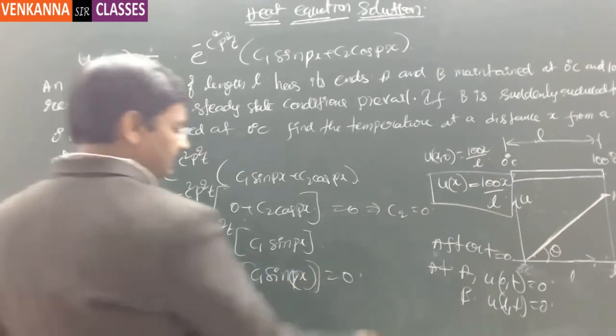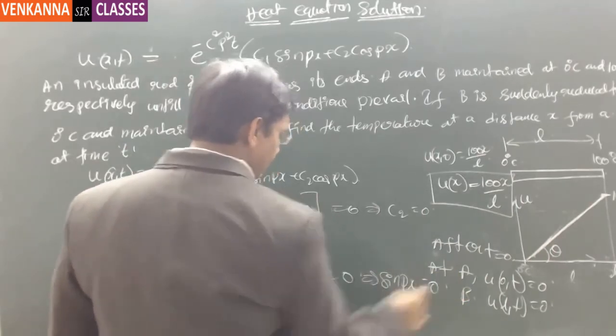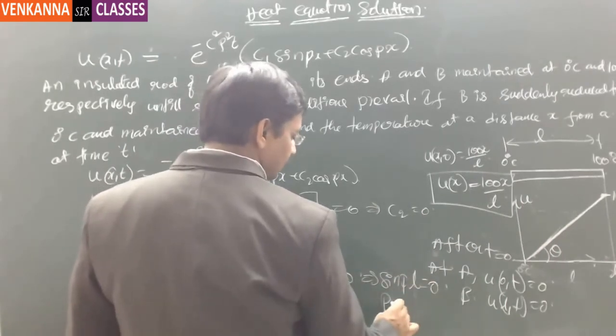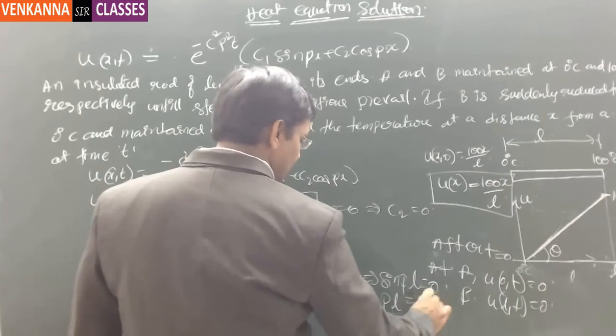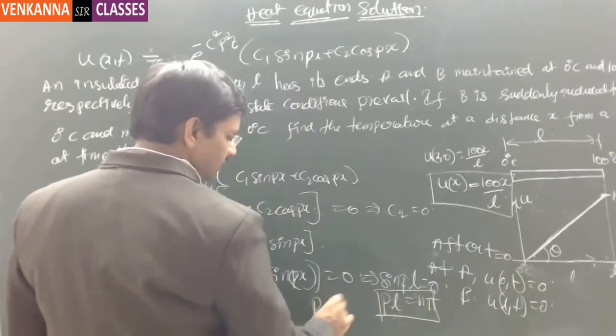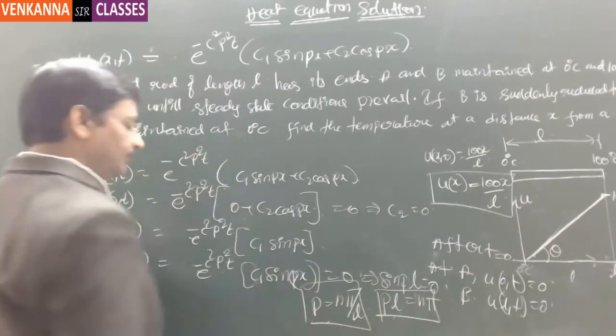So it implies sin pL equal to 0, that is the only possible way. So pL is equal to n pi, because the general solution of sin is n pi. From this p is equal to n pi by L. So we have got the value of p.